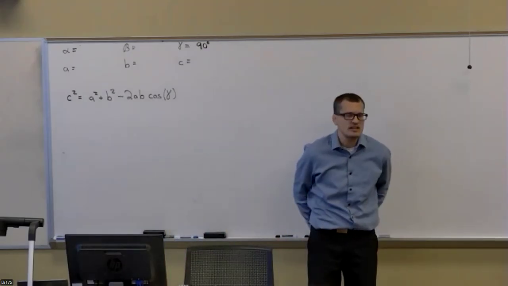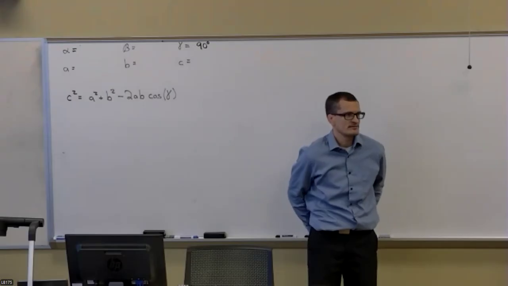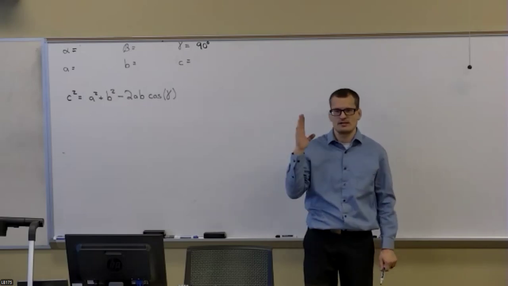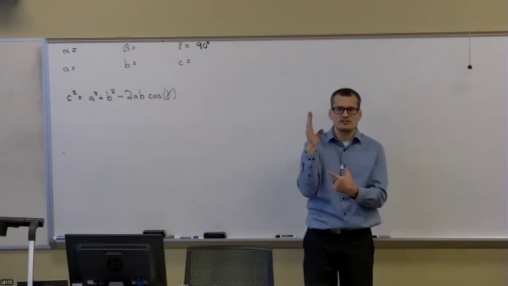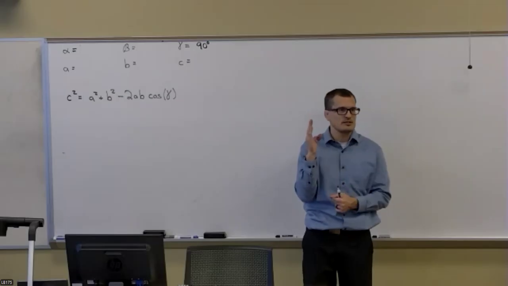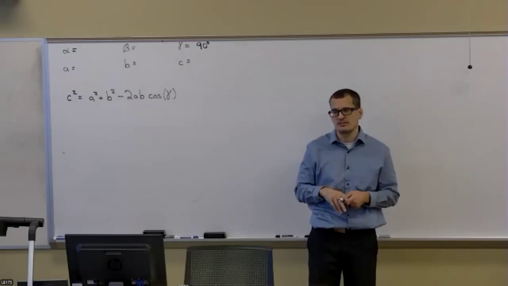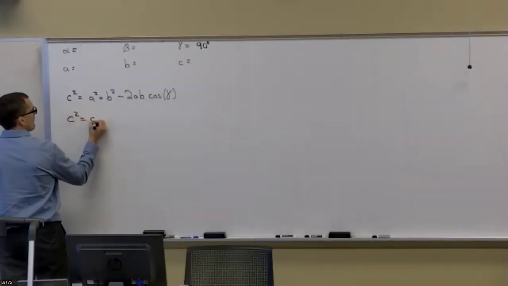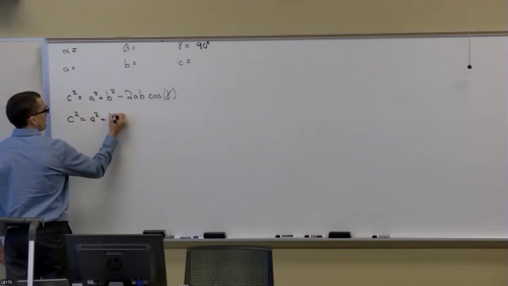What is the cosine of 90 degrees? On the unit circle, that's straight up, right? X value is 0 when things are pointing straight up. So cosine of 90 degrees is 0. What's that going to turn this into? Pythagorean theorem.